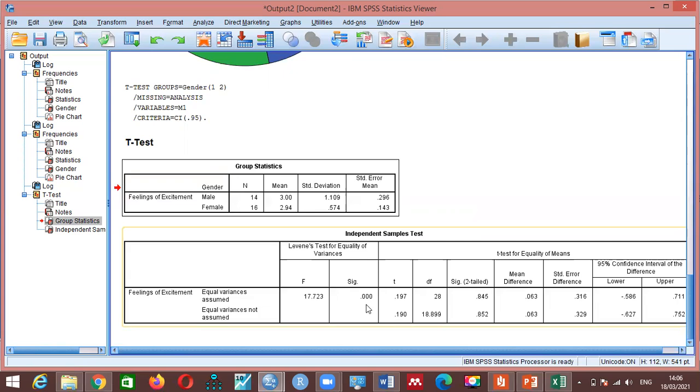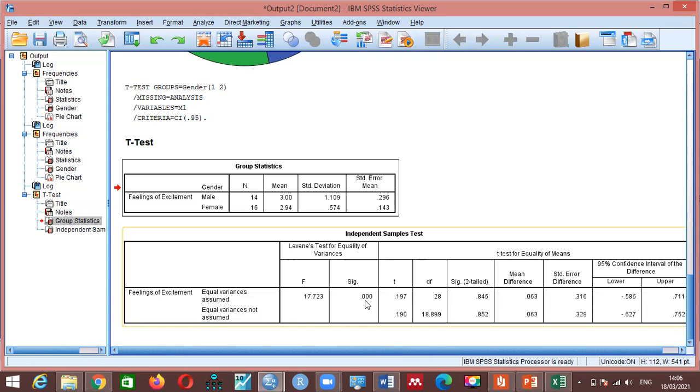I mean, this is lower than 0.05. So the decision rule is once your significance level is lower than 0.05, you have to reject the null hypothesis. The null hypothesis here states that there is no significant difference between both genders.